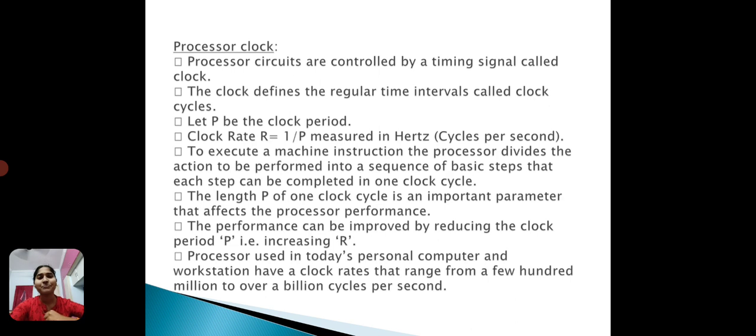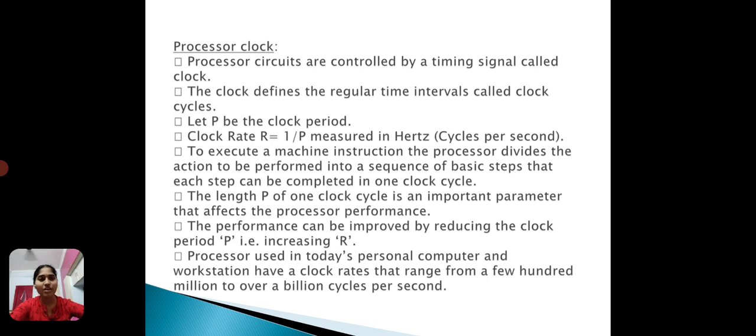So to execute a machine instruction, generally the machine instructions are executed by the processor, as we all know, and the processor divides the action to be performed into some basic steps, and each step can be completed in one clock cycle, which is done by the processor clock.